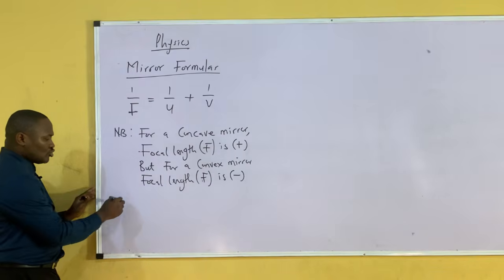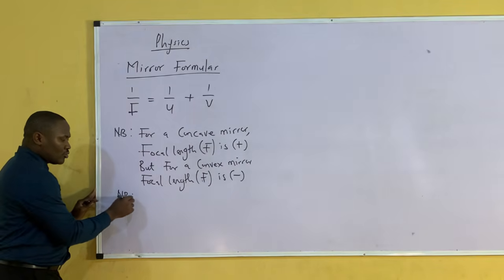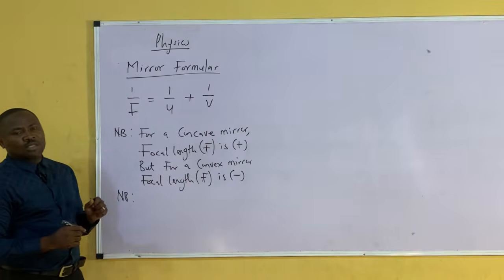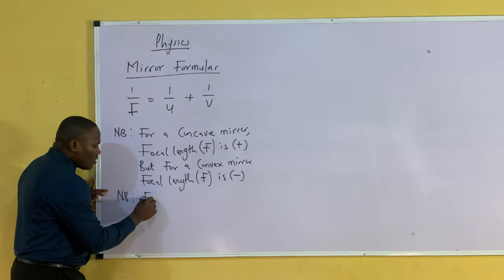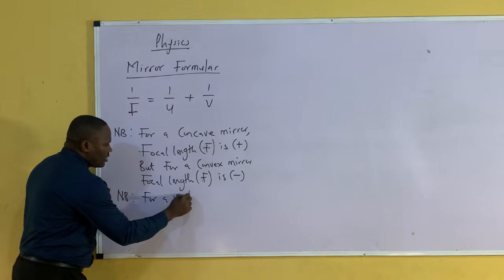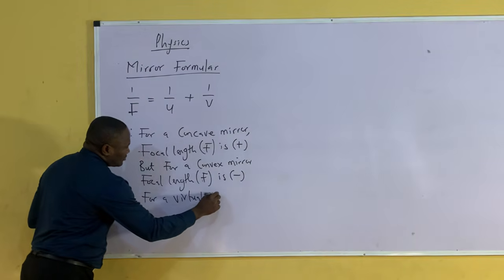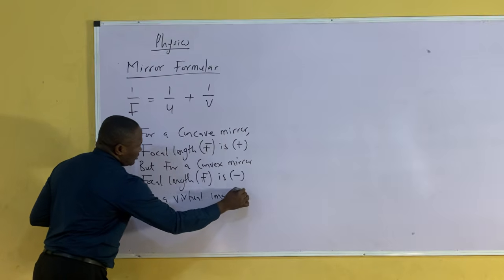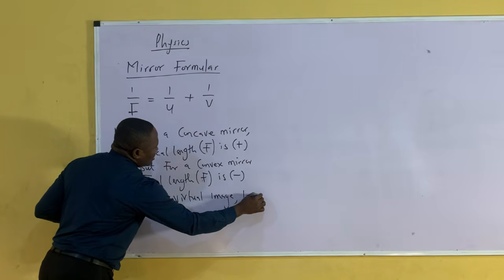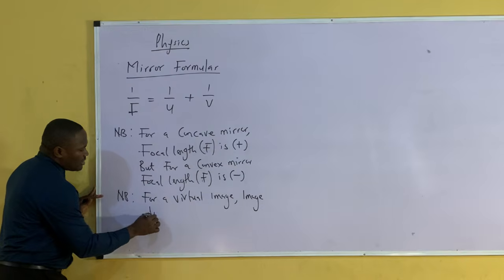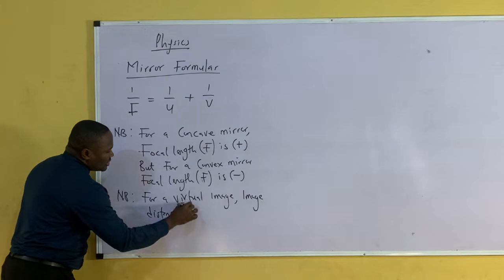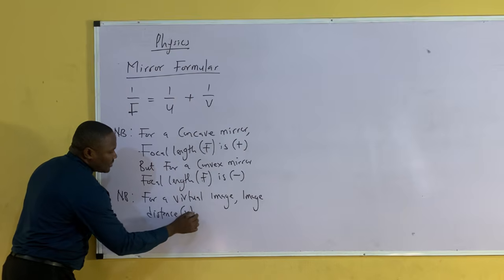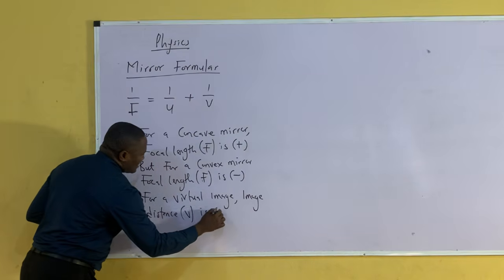Another thing I want you to note that will help you in solving this is that for a virtual image, the image distance, which is v, is negative.